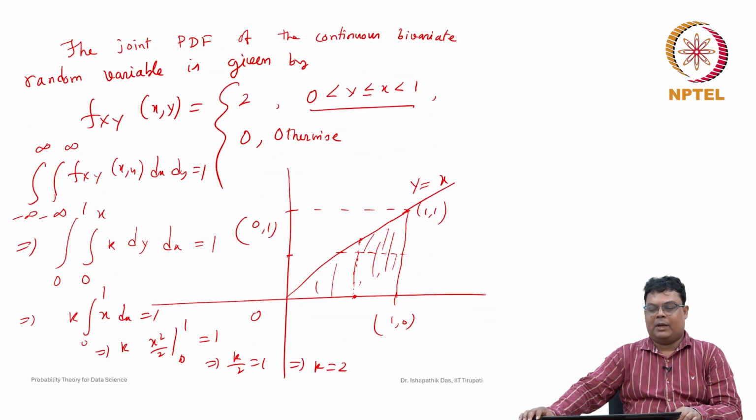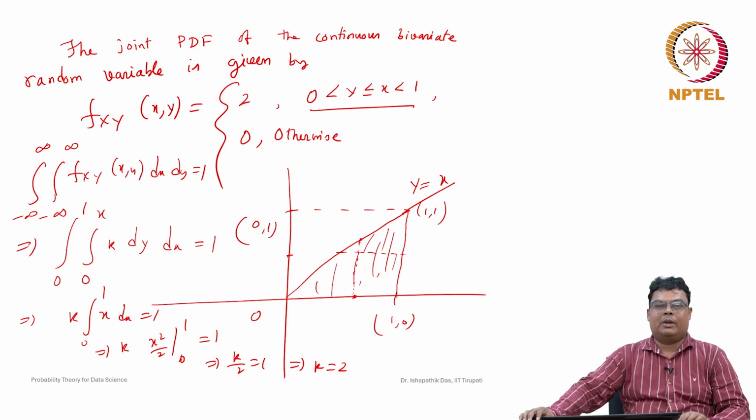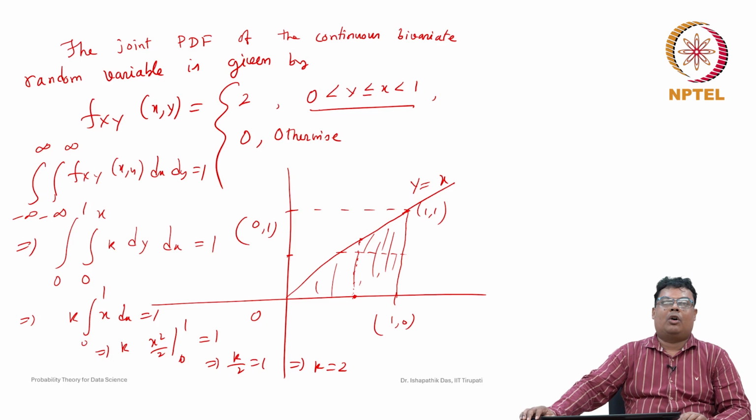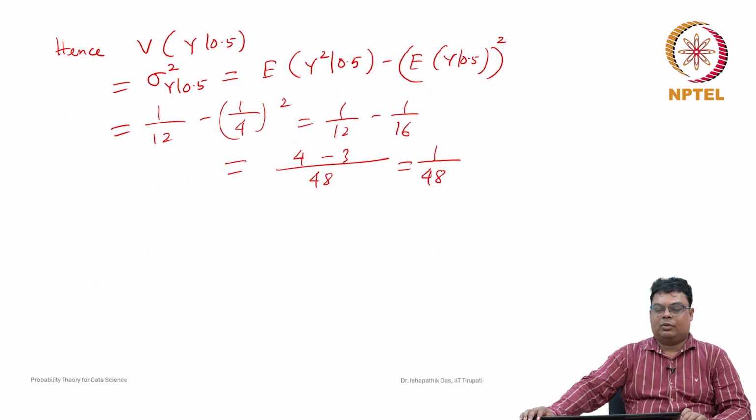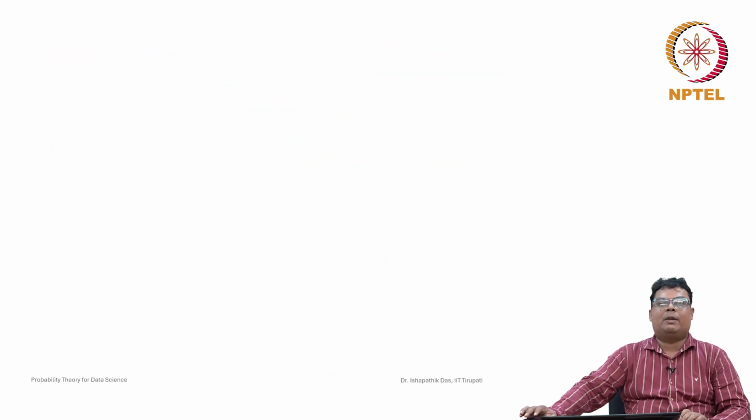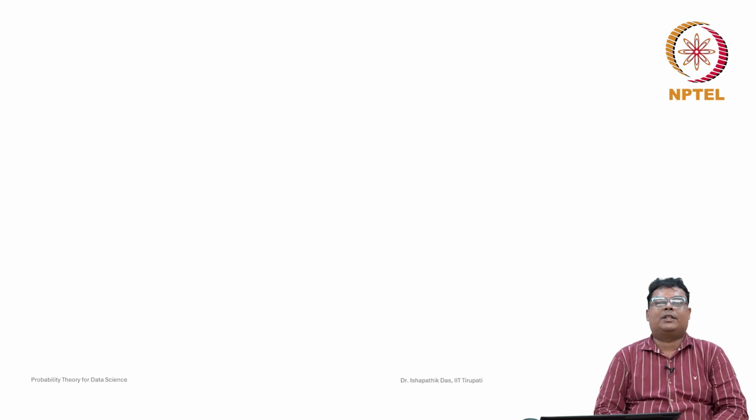This is how to find conditional mean and conditional variance for a bivariate continuous random variable when one random variable's value is given. We can find the conditional mean of x given y equal to some value y, or the conditional mean of y given x equal to some value x, and also the respective variances. Hope you have understood clearly.